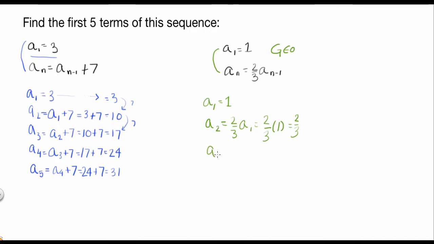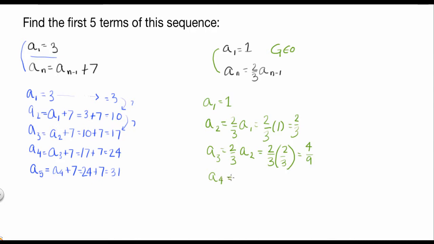What about A3? That's just 2/3 of A2. What does that give us? Well, that's just 2/3 times 2/3. It gives us 4/9. Interesting, huh?